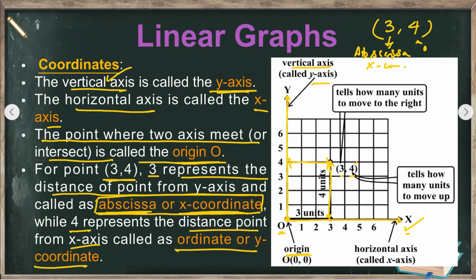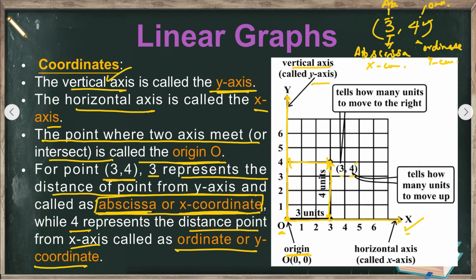So at any point (3, 4), this is the abscissa and this is the ordinate. Simply, we call them the x coordinate and y coordinate.